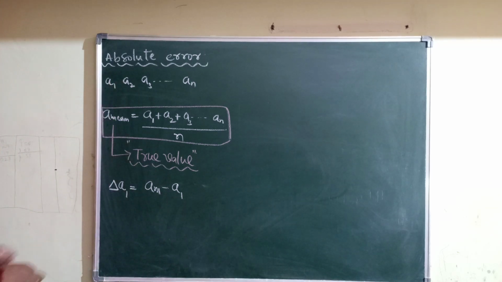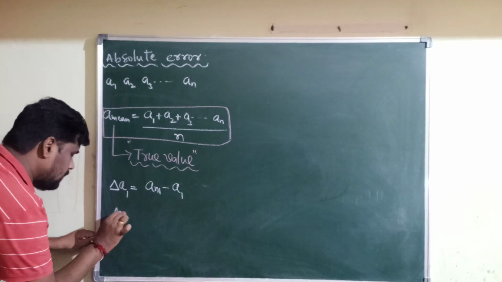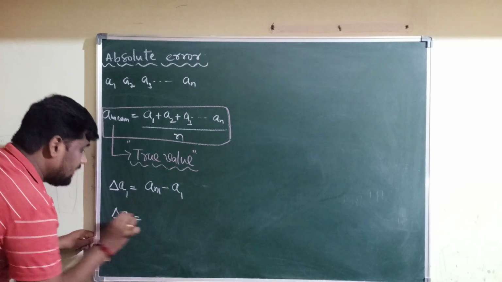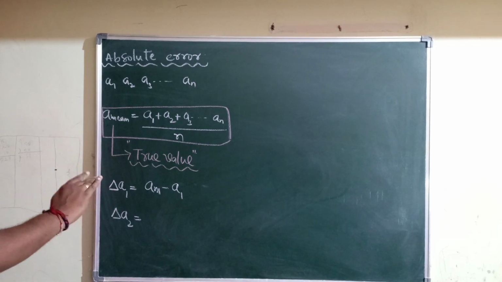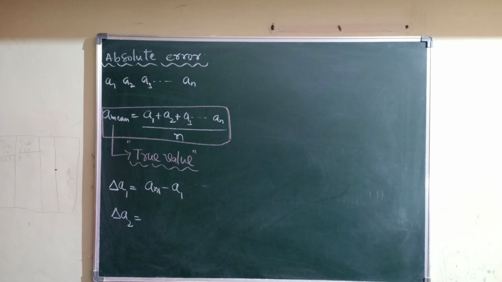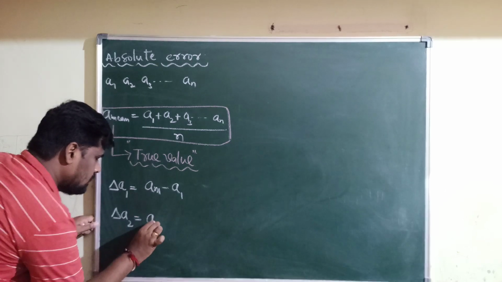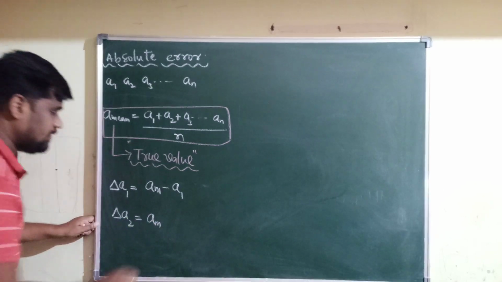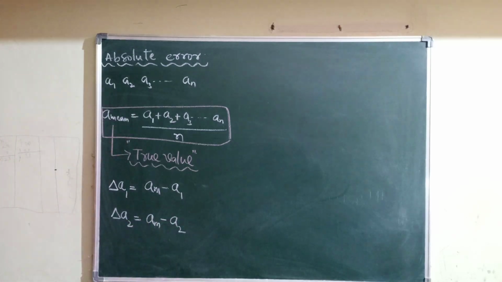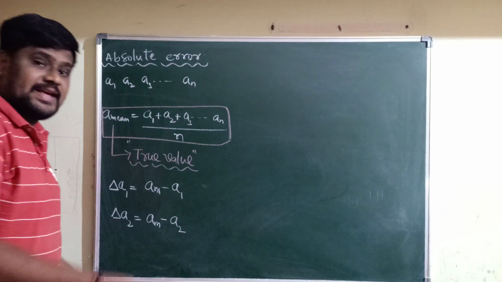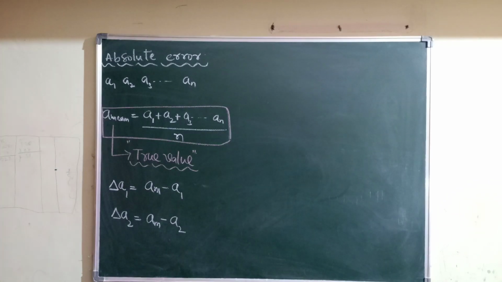Second, delta A2 is absolute error in the second observation. Absolute error is the difference between true value and observed value. Which is true value? AM is true value. Which is second observed value here? A2. Therefore, AM minus A2 is called second absolute error in the measurement.